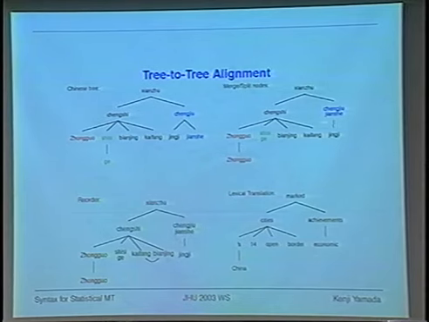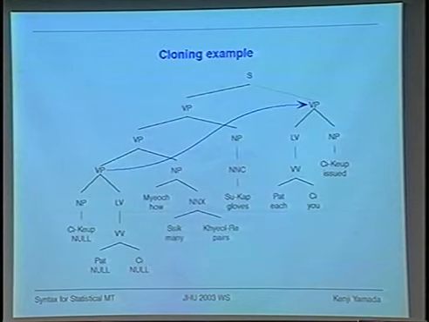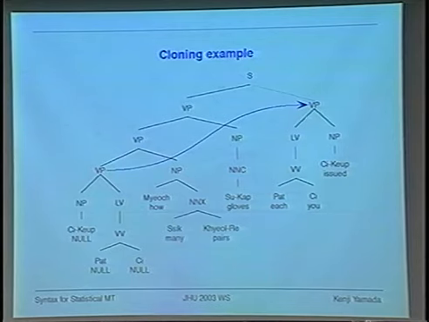Here, this is an input parse tree, and here we see a node merging, the blue one. And the red one is node splitting and reordering here. And cloning is also possible in a tree-to-tree model. Cloning means one of the subtrees is copied to another node.